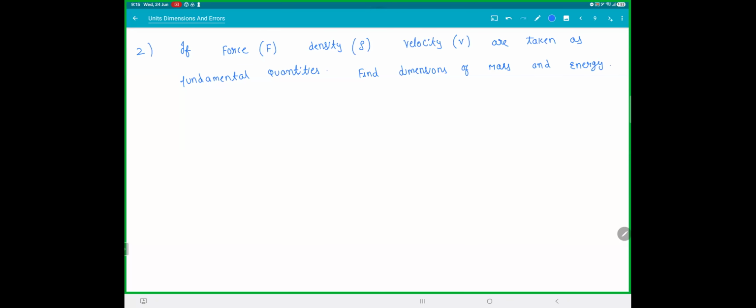It's solving three simultaneous equations. So let me show you in case you're still struggling. You wanted to find a mass, right?